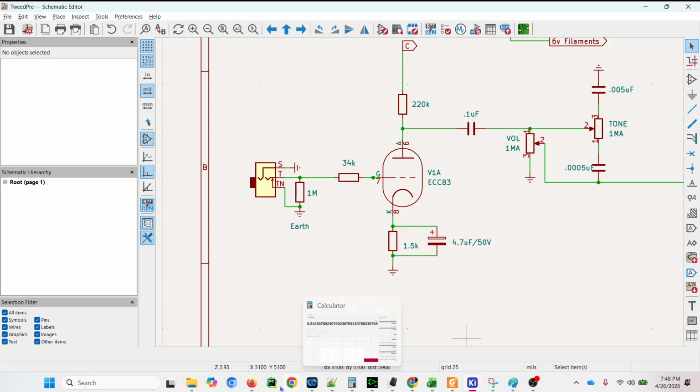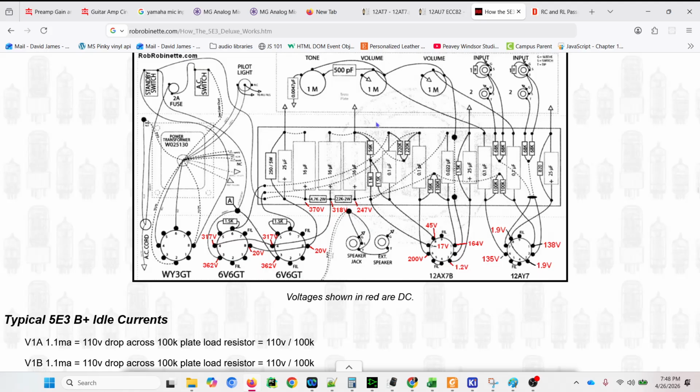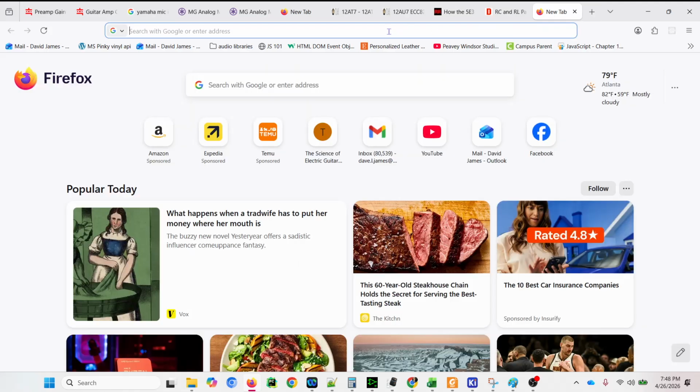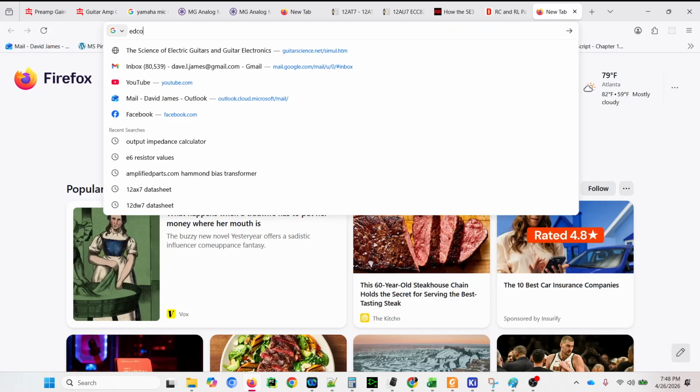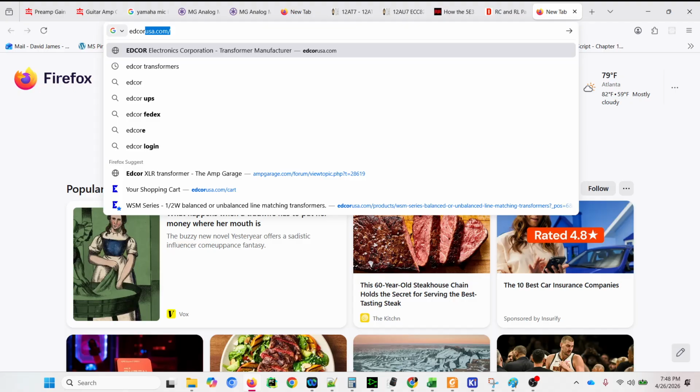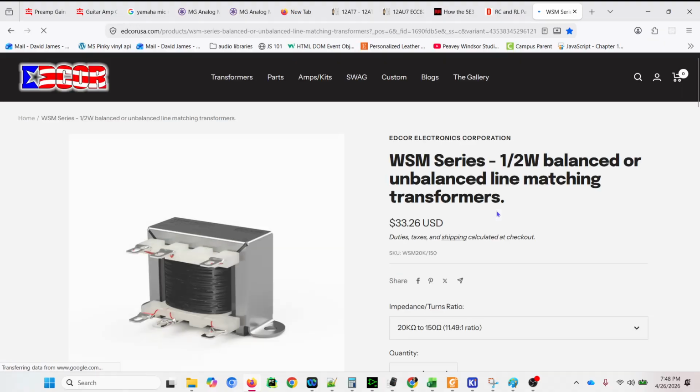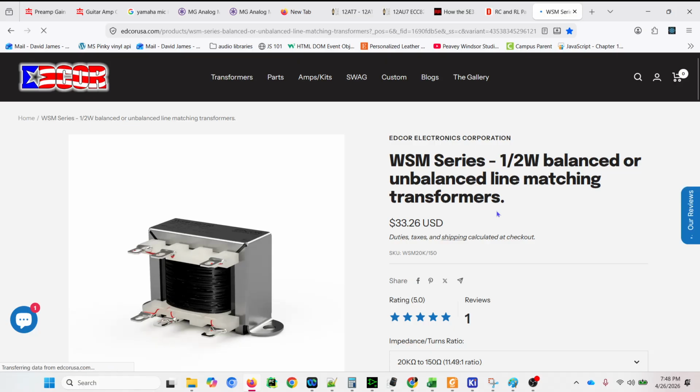There are a number of manufacturers that make really good line matching transformers. Edcor is a manufacturer that makes really good ones, and they have one that's made especially for the outputs from the plates of preamp tubes.